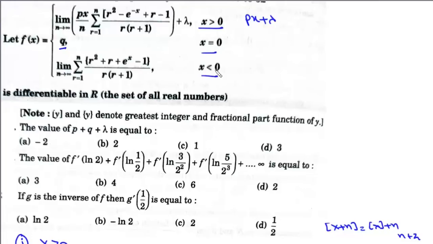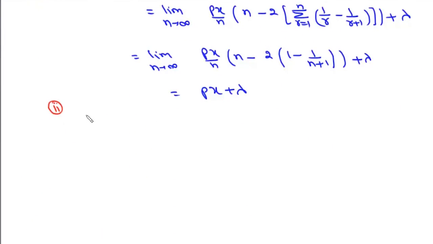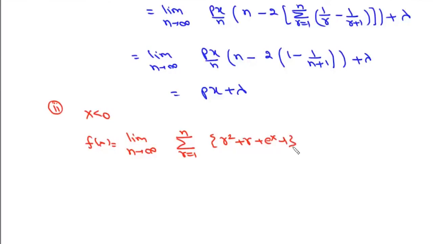Now we need to find the definition when x is less than 0. Now if x is less than 0, it is given as this limit n tends to infinity, this summation r varies from 1 to n, fractional part of r square plus r plus e to the power x minus 1 upon r plus 1.